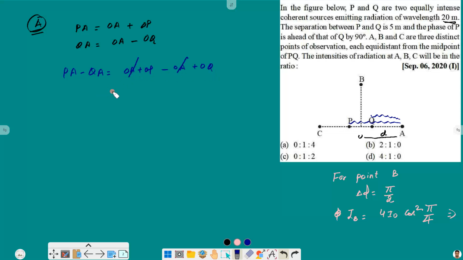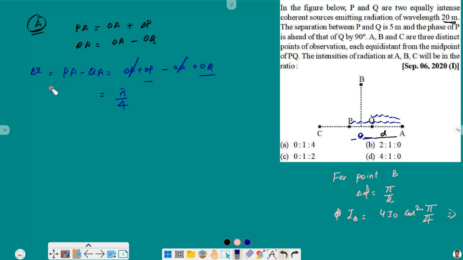So OA is cancelled and we have OP plus OQ. Now this is O. So OP plus OQ is equal to the actual distance between P and Q, and that is 5 meter, and in terms of lambda it is lambda by 4. So this is the additional path difference.